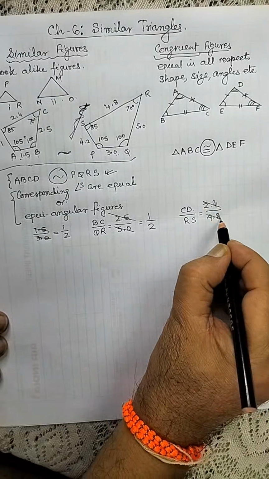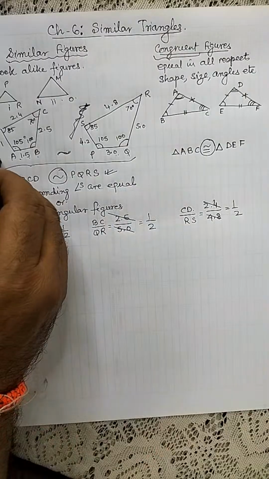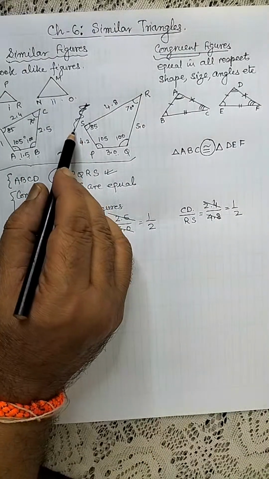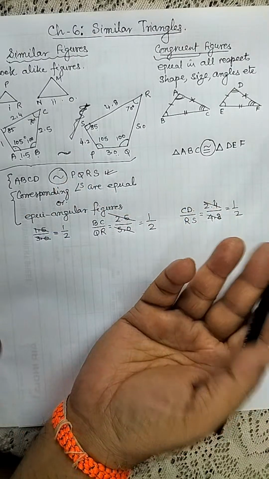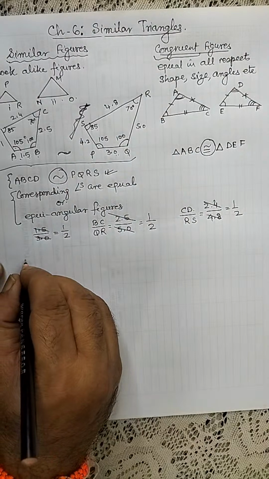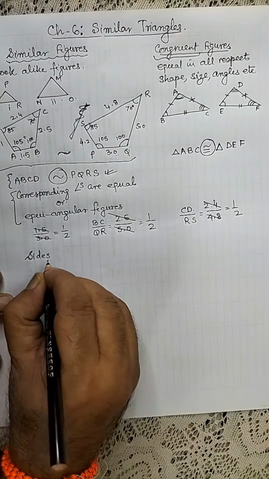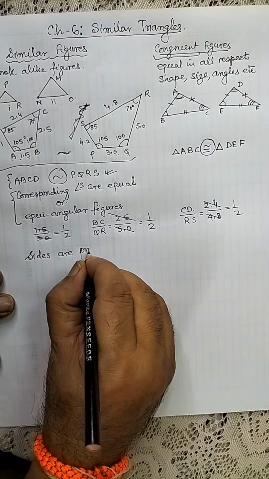On simplifying it, 1/2, and the last one, DA is 2.1 and SP is 4.2, which is again 1/2. So a very important point is that the corresponding sides are proportionate.